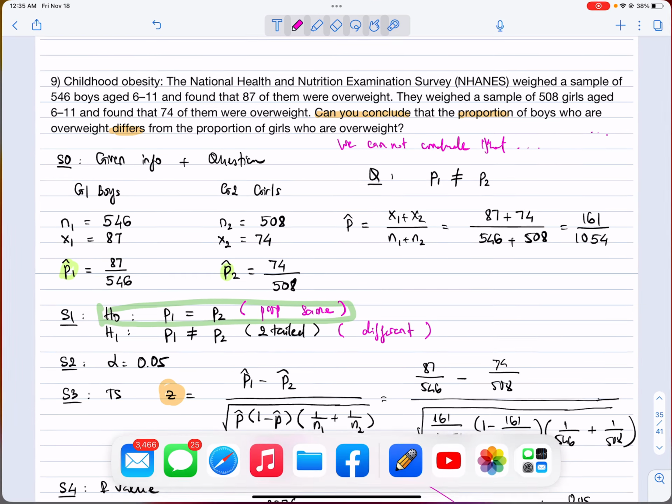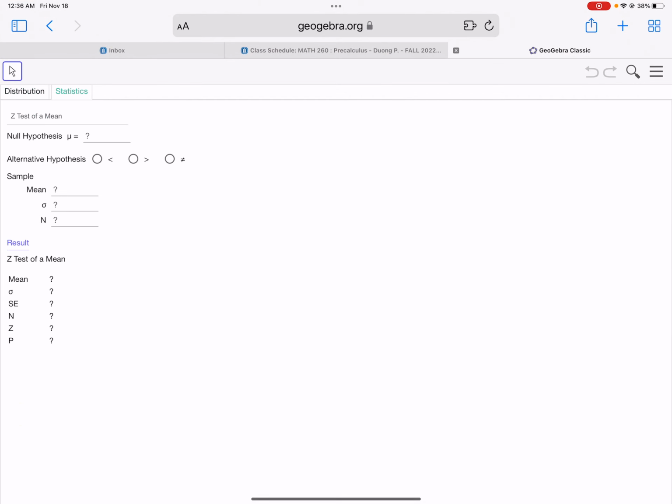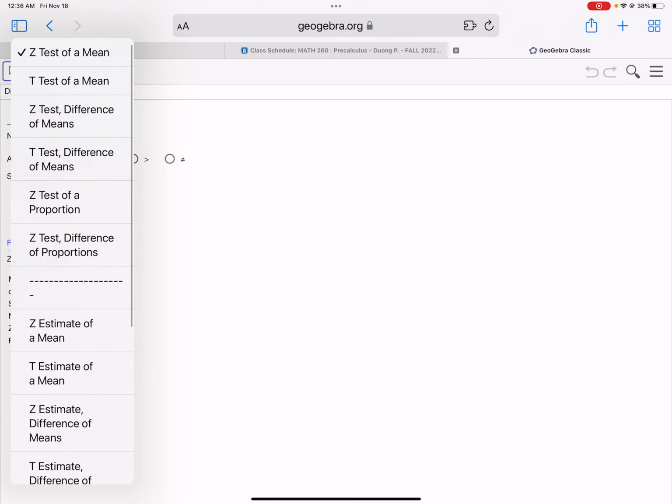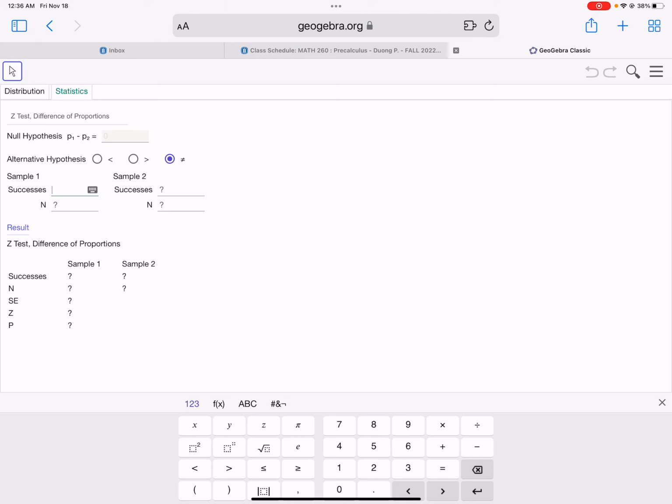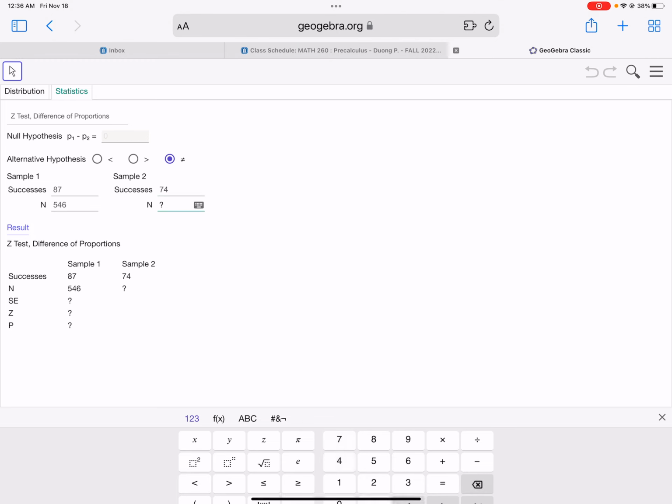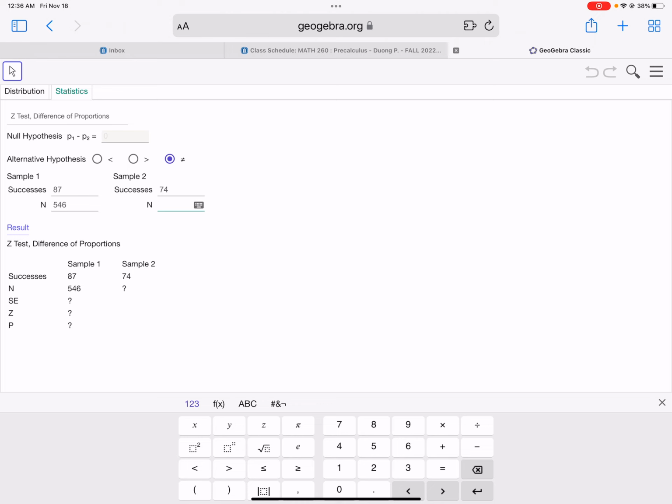Now we can use GeoGebra to check our work. We will use the z-test, difference of proportions. Alternative hypothesis is difference. Success for the boys' overweight is 87 out of 546. For the girls, success is 74 out of 508.